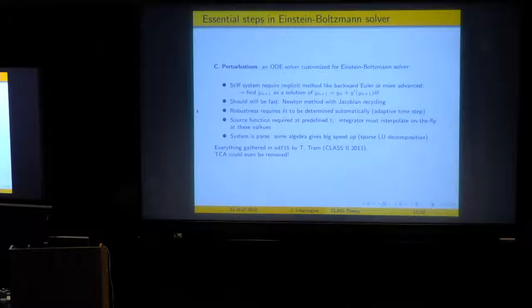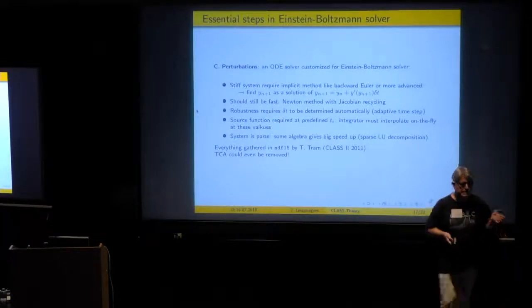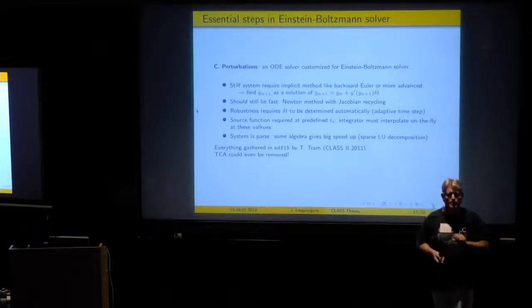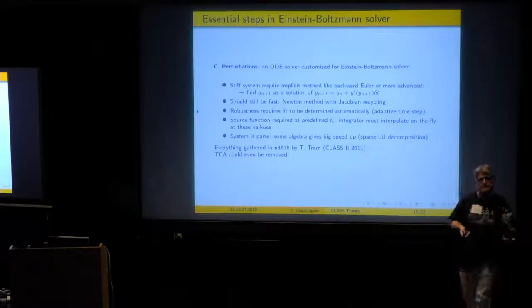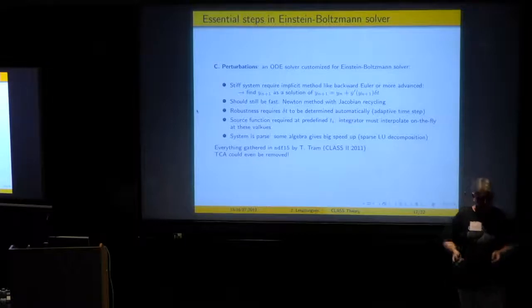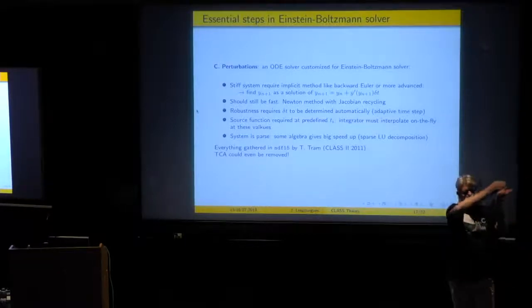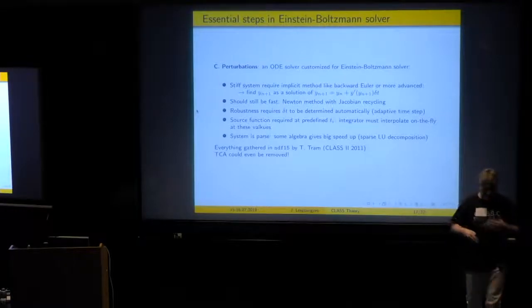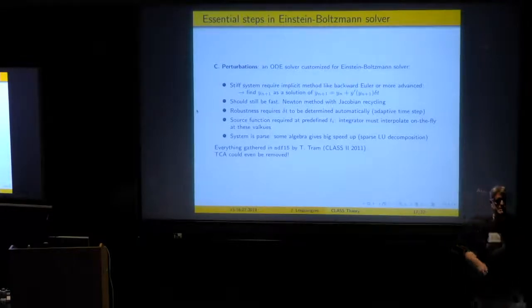It means that if you write your system of differential equations in matrix form, like y prime equals a matrix times a vector y, there are lots of zeros. The Boltzmann equation tends to couple multipoles between nearest neighbors. So you will have non-zero coefficients close to the diagonal, and then lots of zeros. And this could slow the system a lot unless you do something clever with it, some algebra.